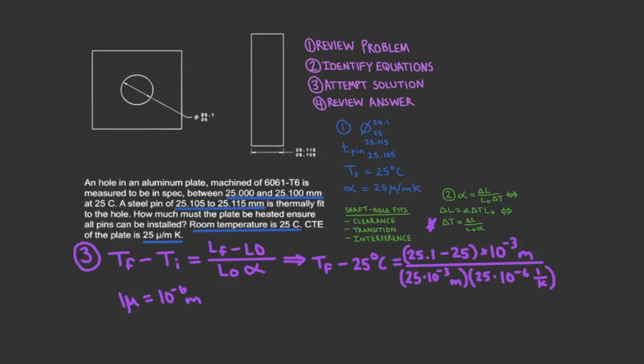Now, 1 micron is 10 to the negative 6 meters, so this is equivalent to 25 times 10 to the negative 6.